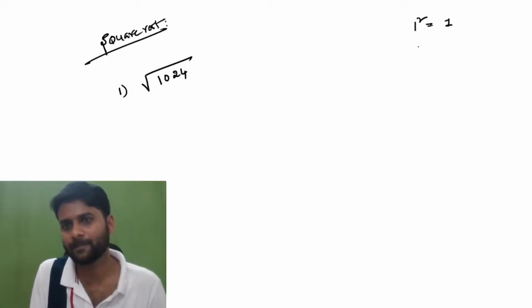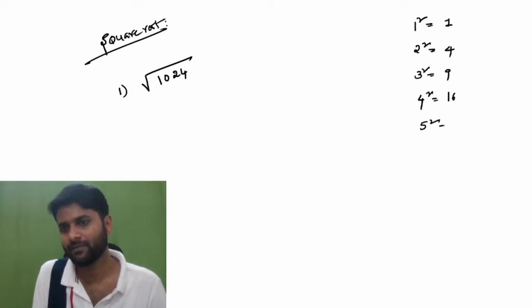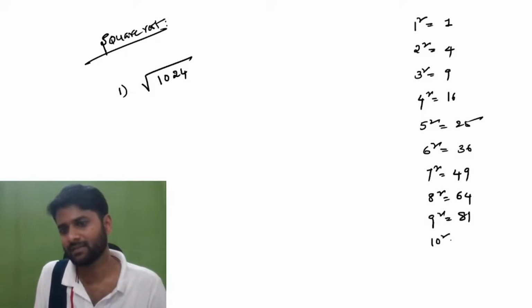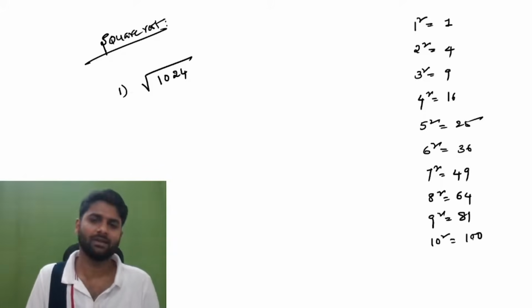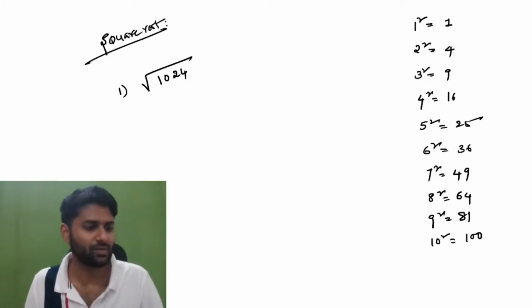1 square is 1, 2 square is 4, 3 square is 9, 4 square 16, 5 square 25, 6 square 36, 7 square 49, 8 square 64, 9 square 81, 10 square 100. So let's take these references from 1 to 10 square.